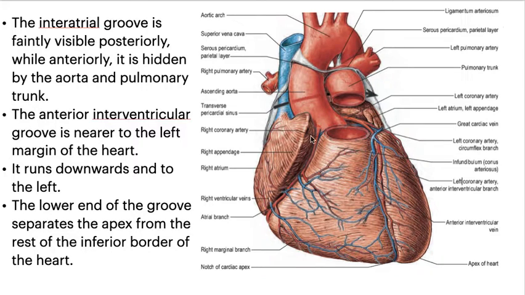The interatrial groove is faintly visible posteriorly, while anteriorly it is hidden by the aorta and the pulmonary trunk. The anterior interventricular groove is nearer to the left margin of the heart, running downwards and to the left. Its lower end separates the apex from the rest of the inferior border of the heart.